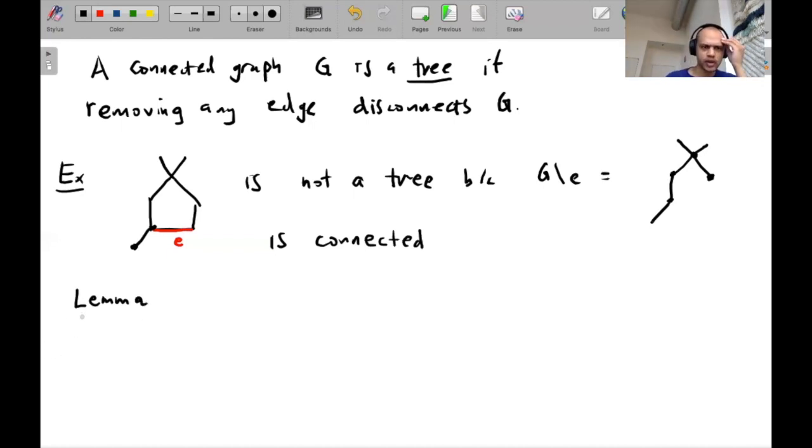So the first, let's say, let's take G, a connected graph.